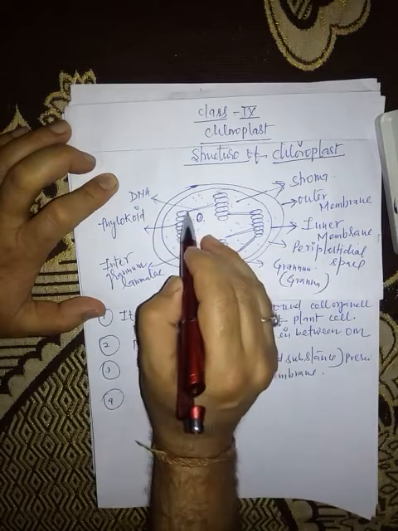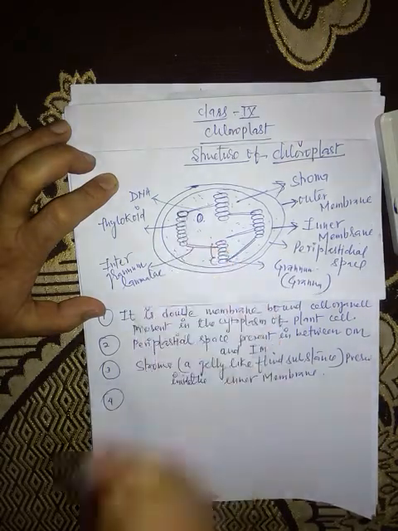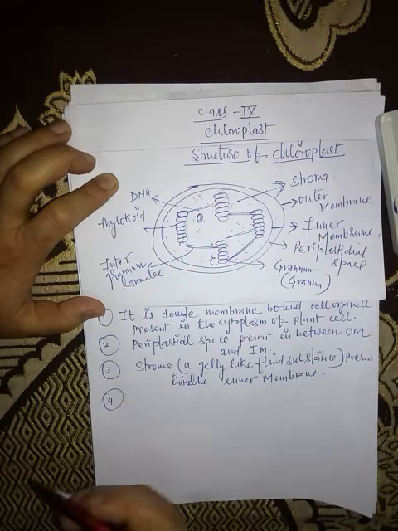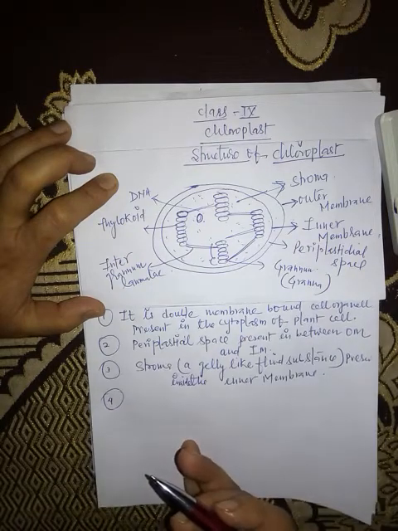Fourth point. This is thylakoid. So you can watch in this diagram the coin-like stalk.